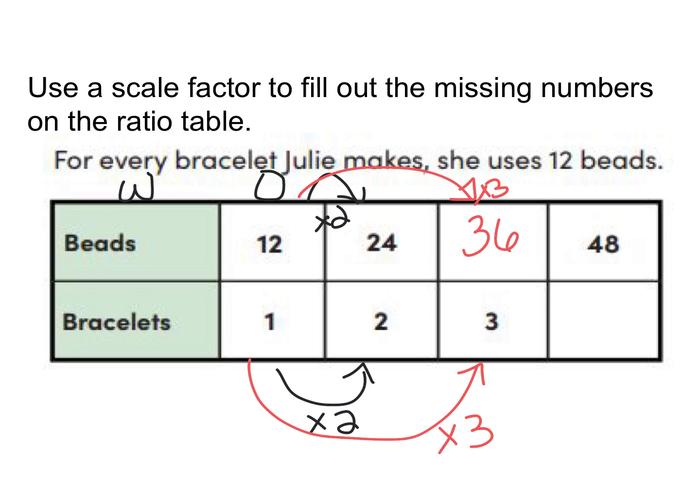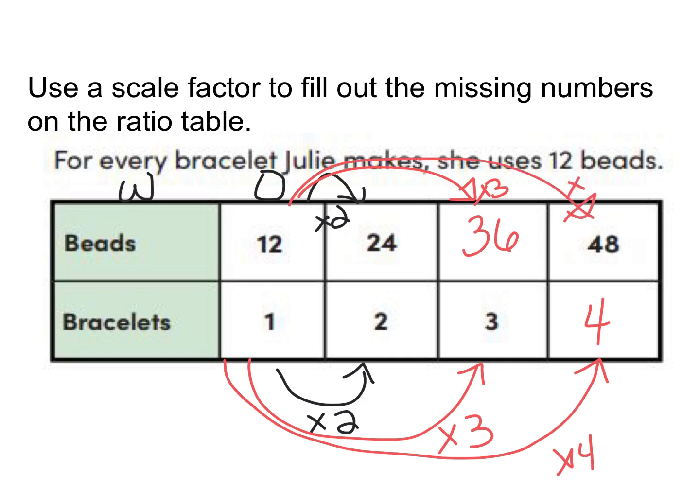And then you go from this one times 4. So 12 times 4 will give you 48. So basically, if you really think about it, you are just multiplying to get from one section to the other.